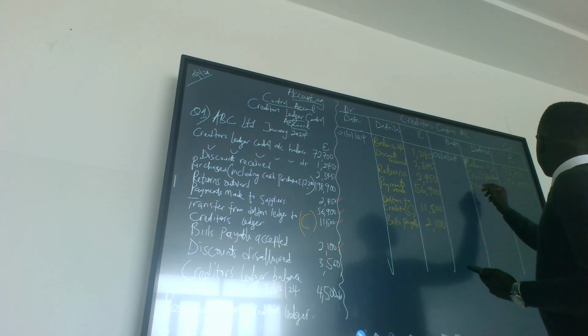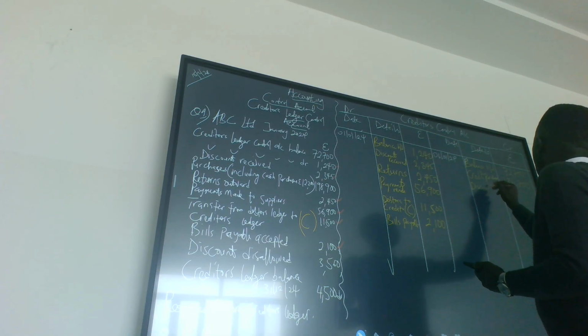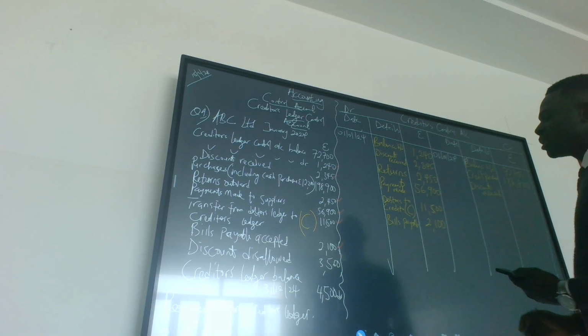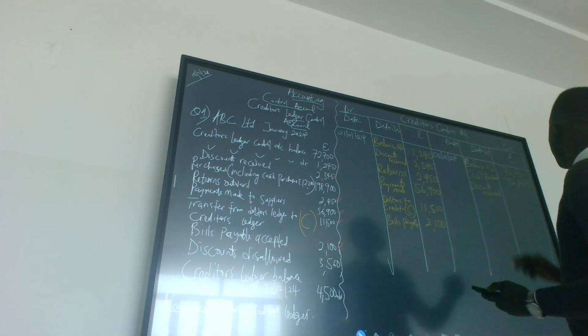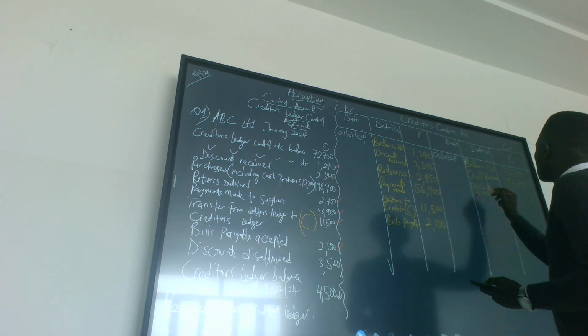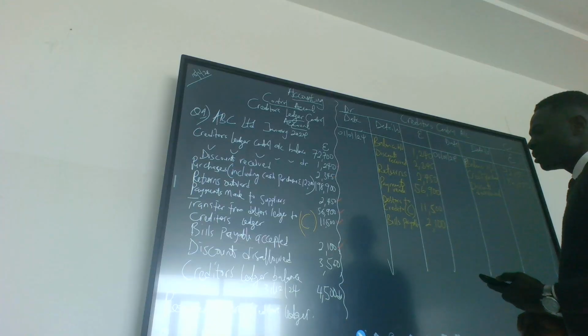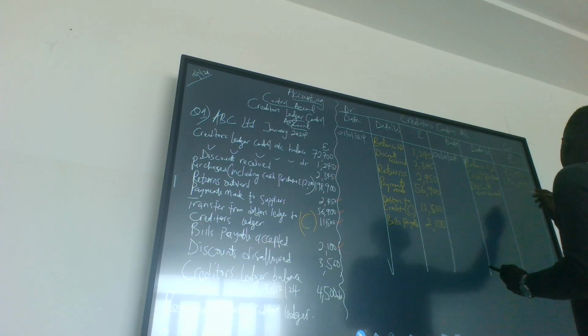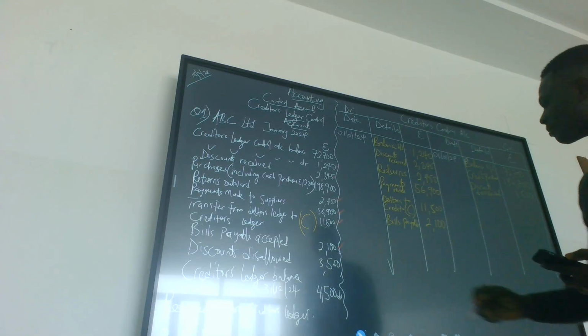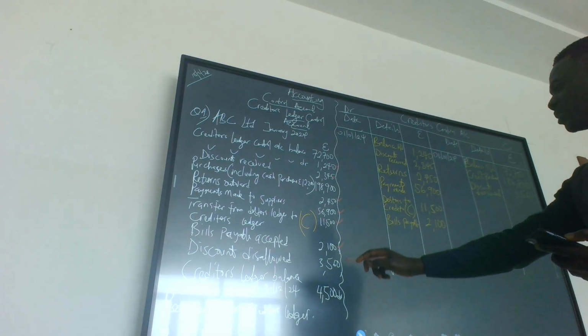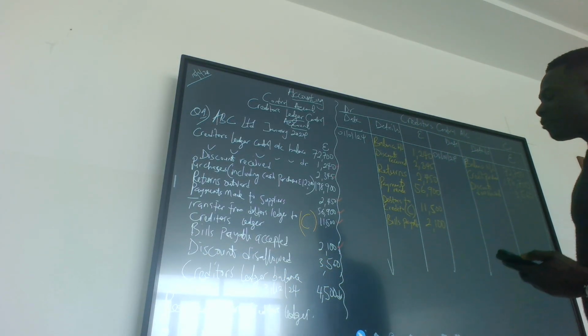Discount allowed, 3,560. And we have the creditors ledger balance, which is 31/12/2024 for 4,500 debit.